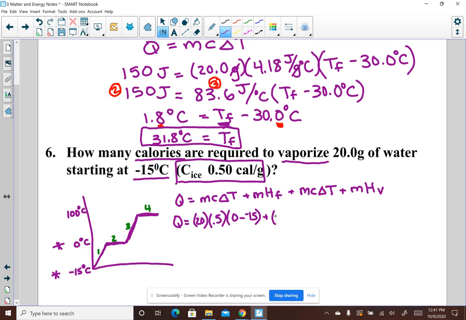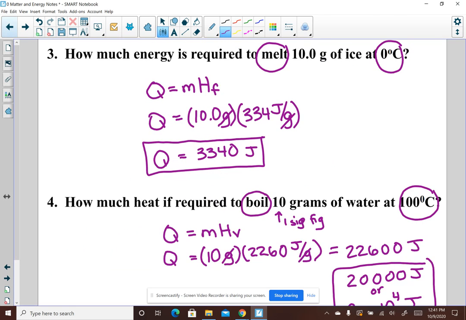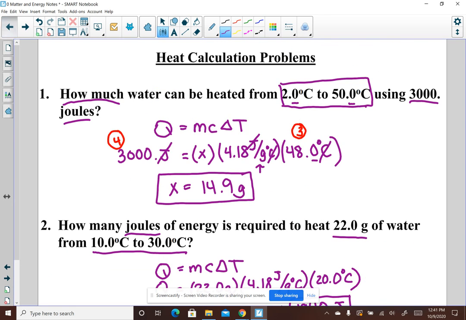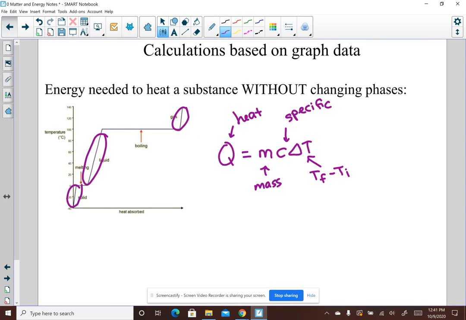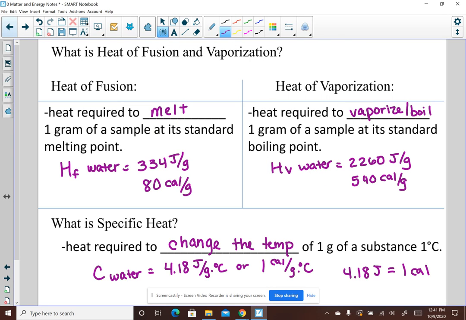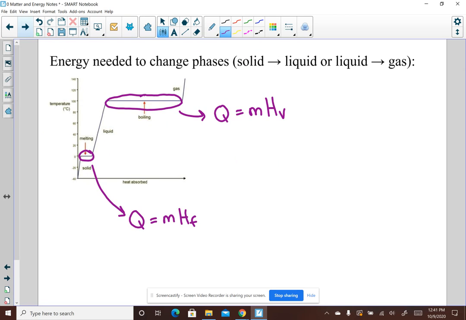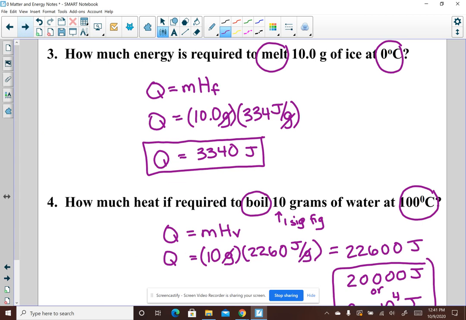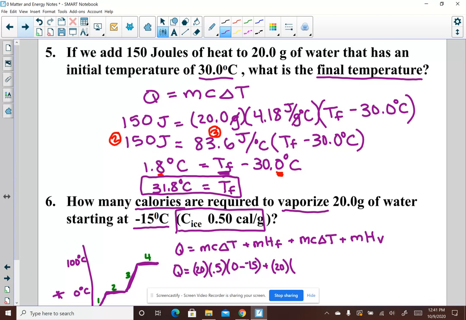M is 20. HF in calories is, let me scroll back up. Did I write that down in your notes before? Yeah, so we have to use the HF in calories, which is 80 for water. So we're not going to plug in that 334 number.